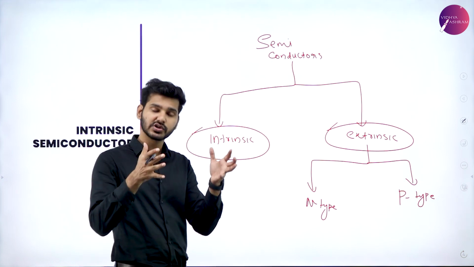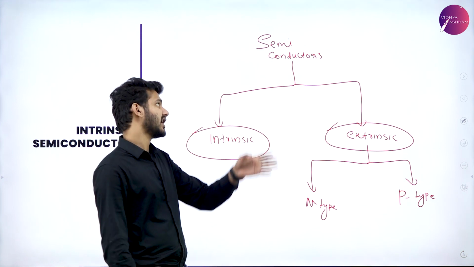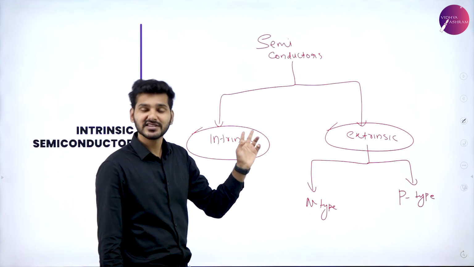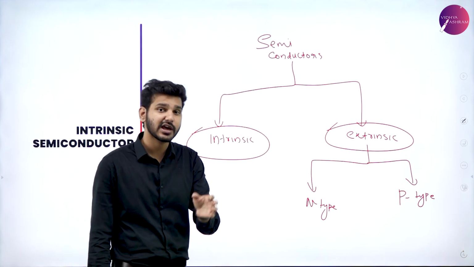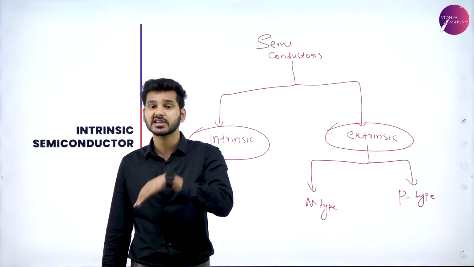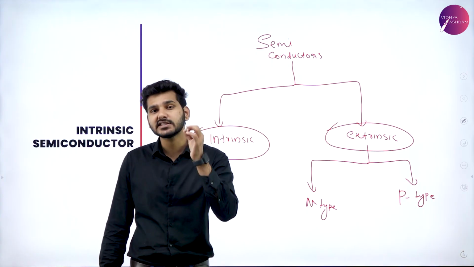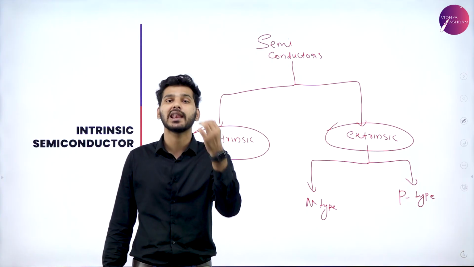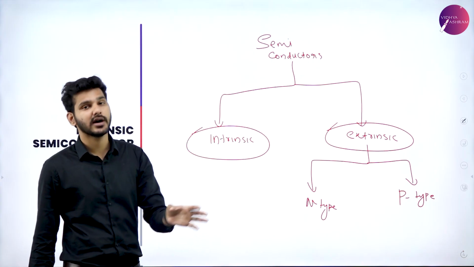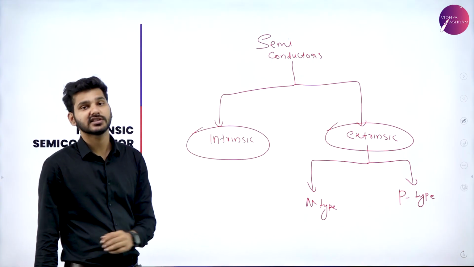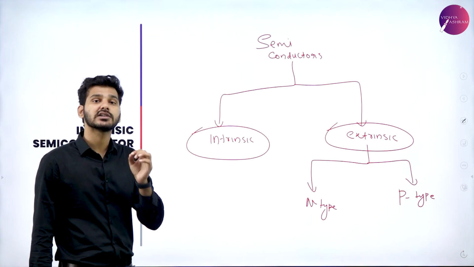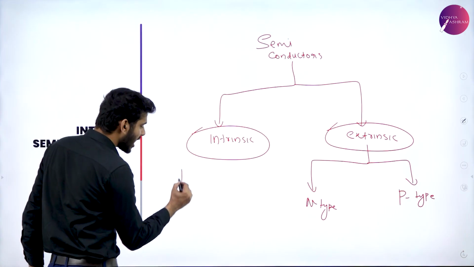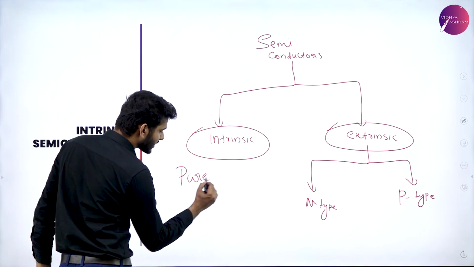So what are intrinsic semiconductors? Again, it is a classification of semiconductors. Semiconductors can be classified as intrinsic or extrinsic based on their constituent elements or how they are made up. Intrinsic semiconductors are pure semiconductors.